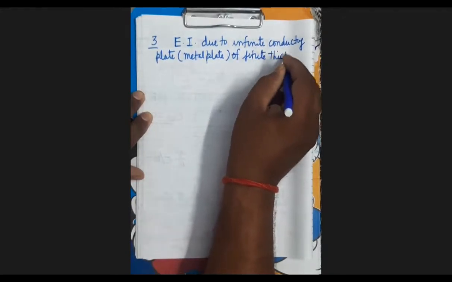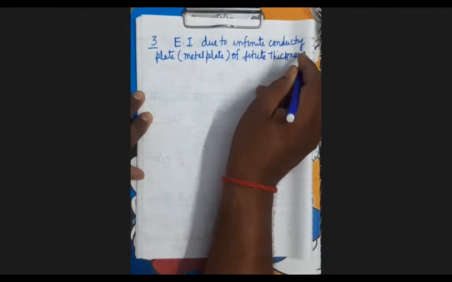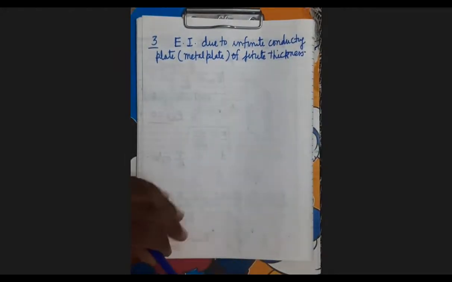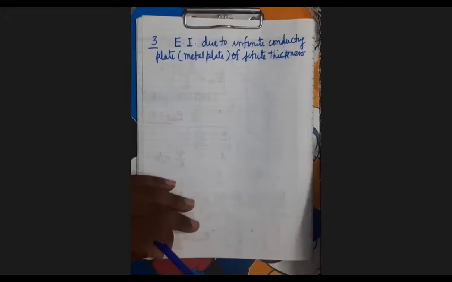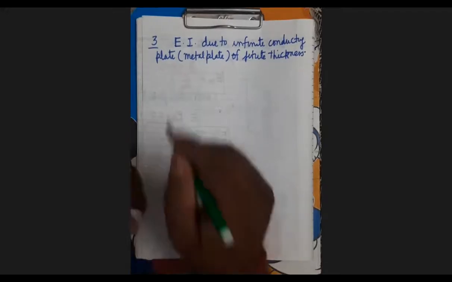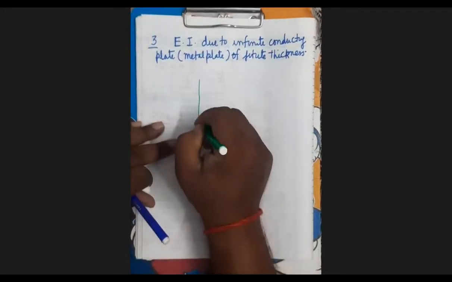It is having how much? Finite thickness. It's clear. If the thickness is finite, then what will be? You can see here. Means the plate is like this.